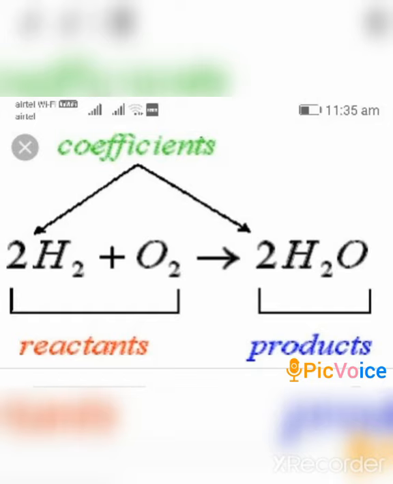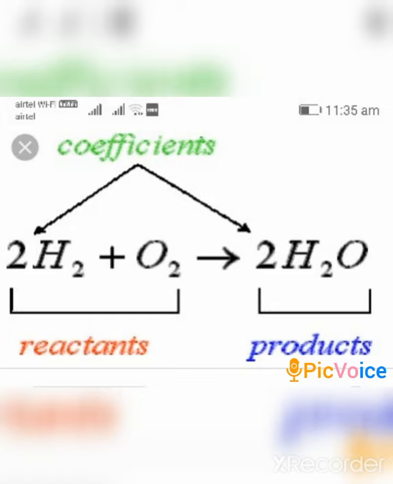So look at the image, friends. It tells us what reactants and products mean. Reactants are the ones before the reaction has taken place, and products are the ones after a chemical reaction has taken place. For example, all the compounds are generally products.